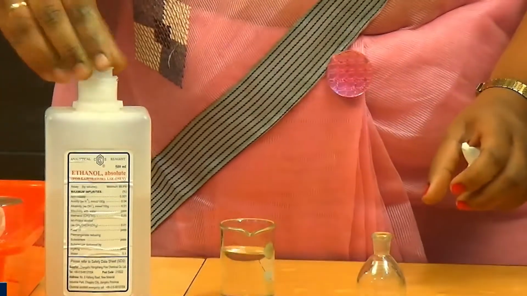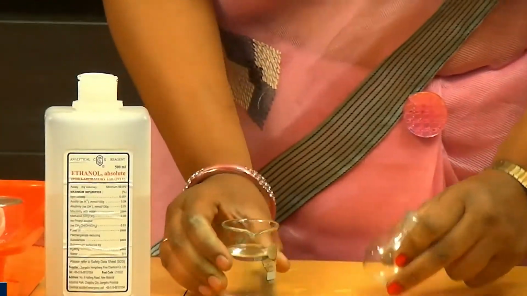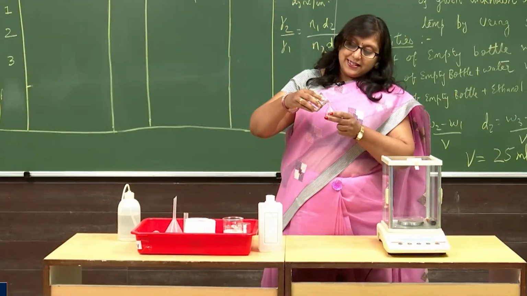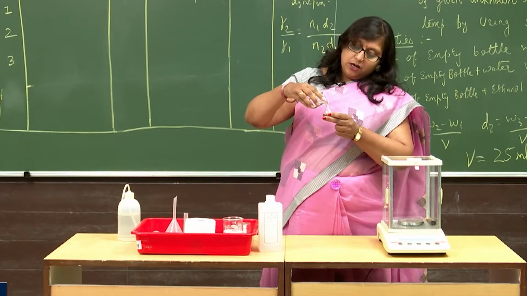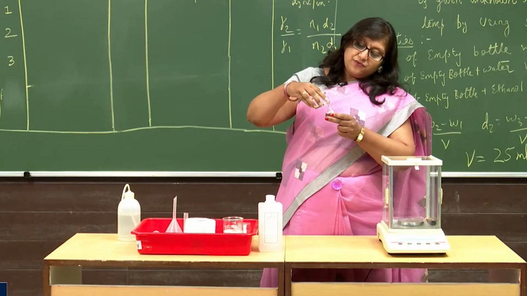First of all, close the bottle, otherwise it is a volatile liquid and it is going to evaporate. Now I am going to fill the density bottle with ethanol. It will also be 25 ml in volume, so the volume is fixed.